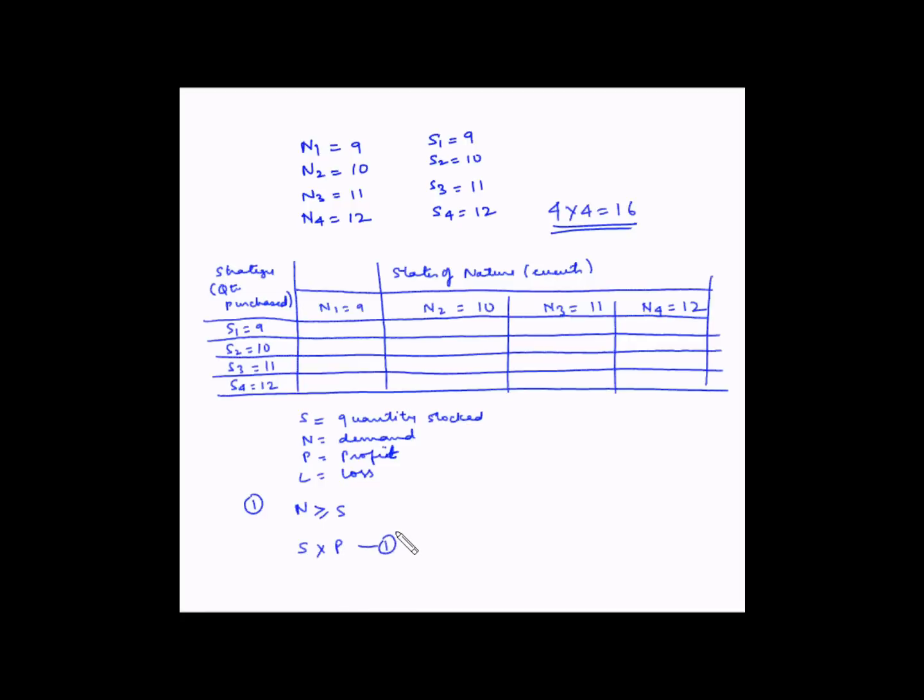Now let's look at the second scenario, which is that N is less than S. That is, we are stocking more magazines, but the demand is less. For ease of understanding, let's assume that N is 10 and S is 12.